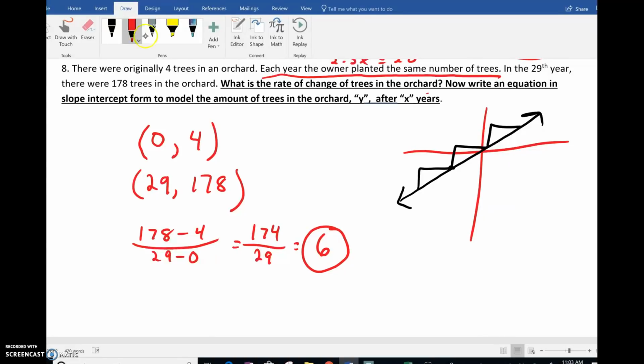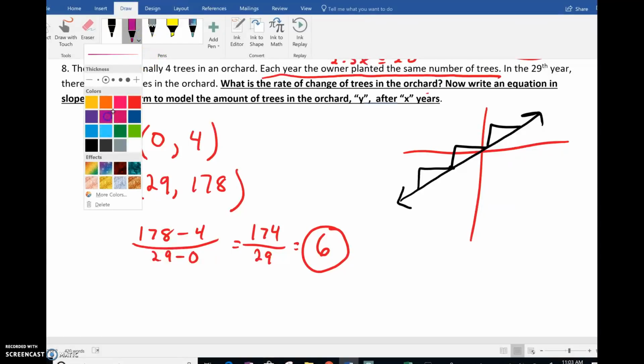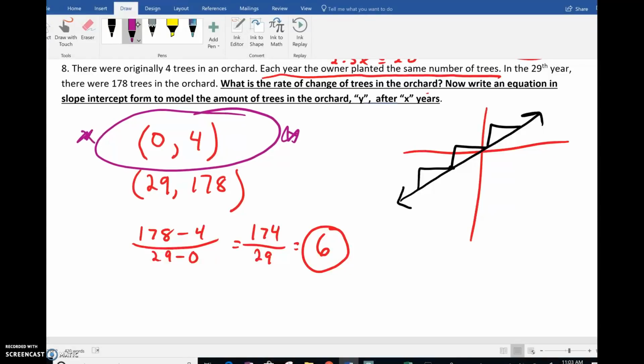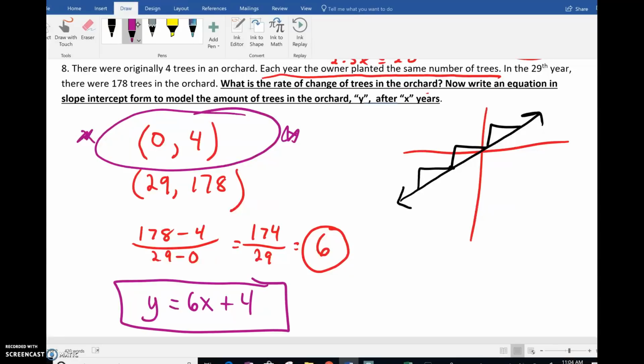We got so lucky, because one of the 2 coordinates that we happen to have is the y-intercept. The (0, 4) is the y-intercept. So we can say y equals 6x plus 4. This equation models our orchard.